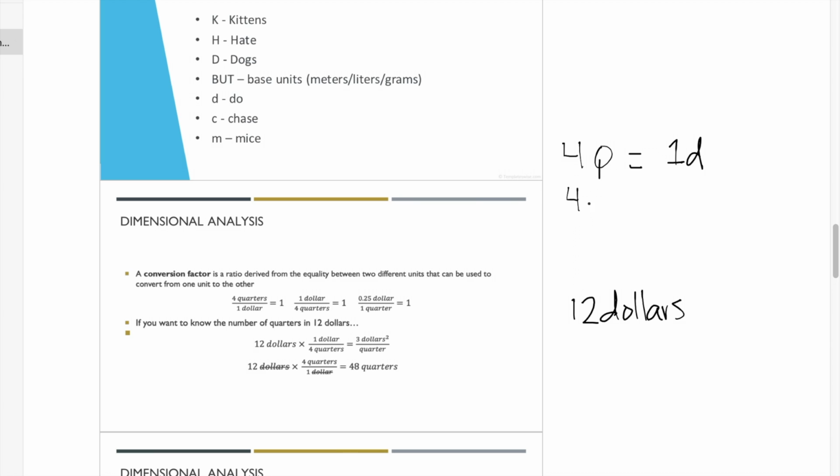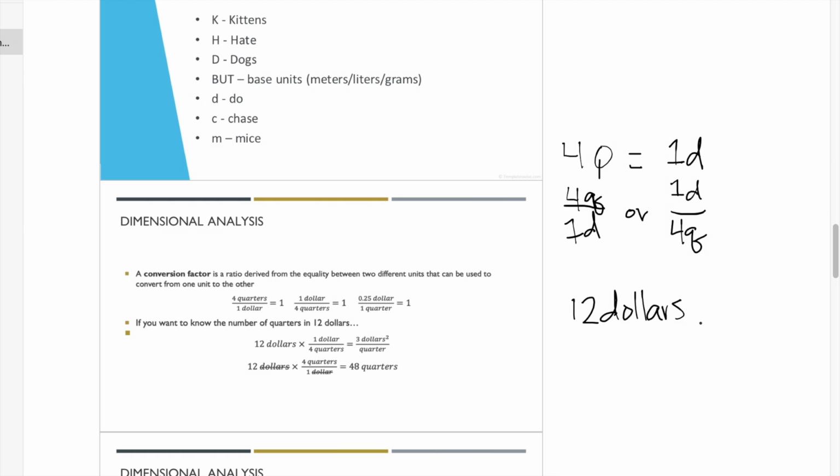You could also say that there are 4 quarters for every $1. That's supposed to be a Q right there. Or you could say that there's $1 for every 4 quarters. Both of these statements are true. They both come from this because it's a ratio: 4 quarters to $1 or $1 to 4 quarters.